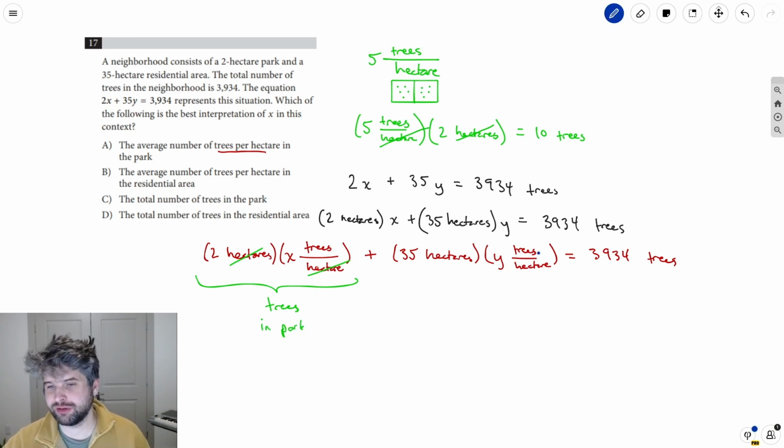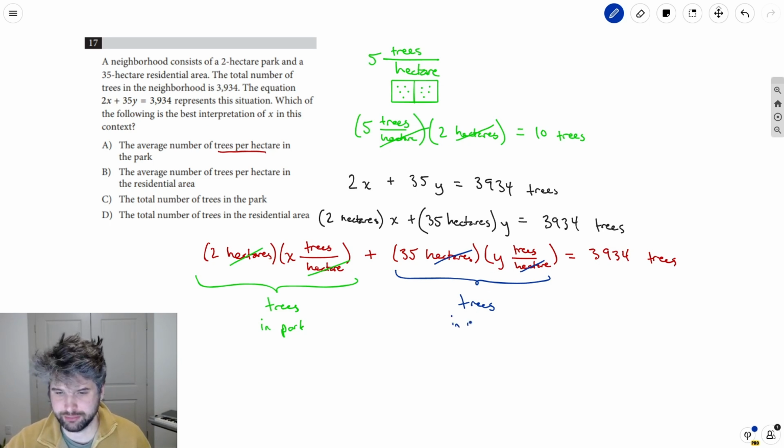If y is the number of trees per hectare in the residential area, then when we multiply the 35 with the y and the hectares cancel out, we're left with trees, specifically the number of trees in the residential area. When we add the number of trees in the park with the number of trees in the residential area, we get 3,934 trees total. And so answer choice A turns out to make a lot of sense. So we're going to choose A.